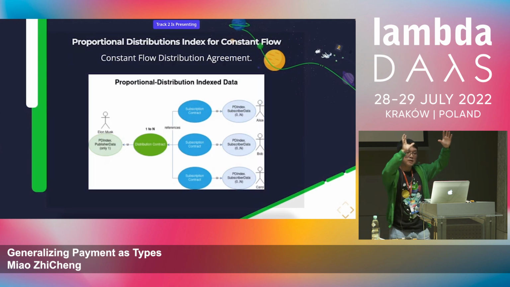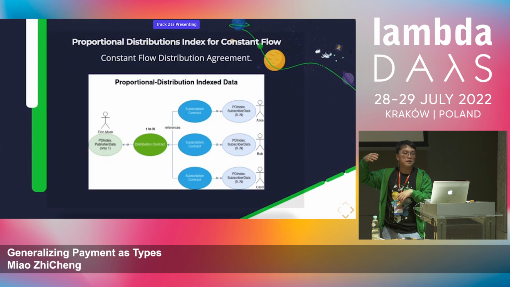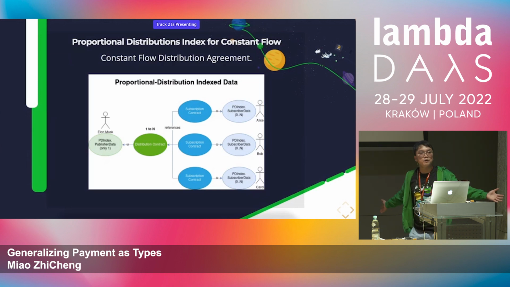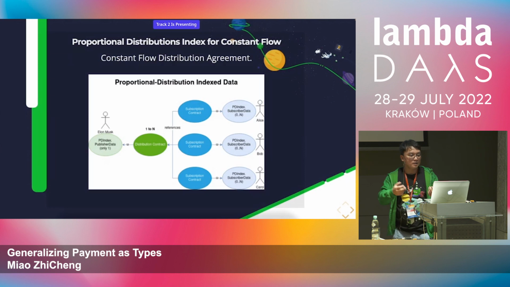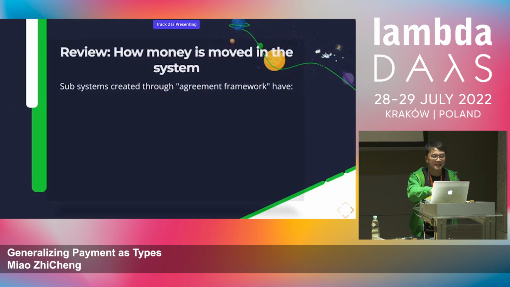So you have Elon Musk, who has one contract, and then you have all its recipients. You can think of it as a constant flow that gets split between all those subscribers, right? So the gist is that it's the magic of lenses, right?